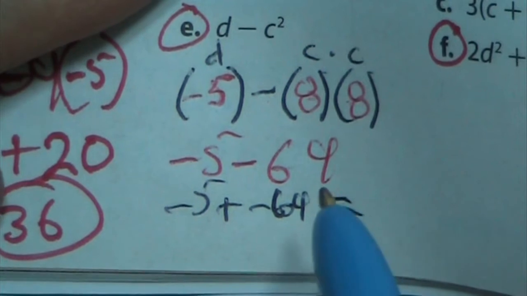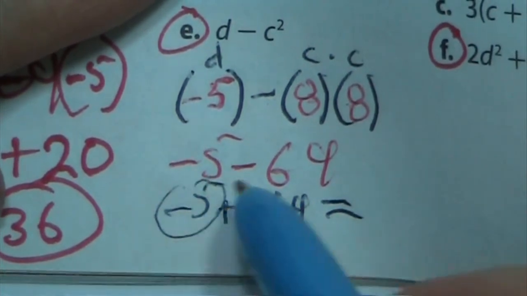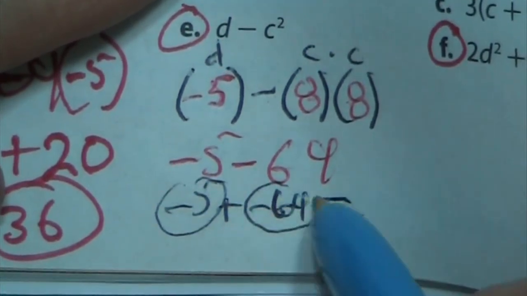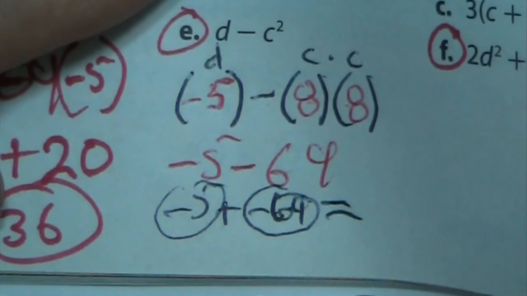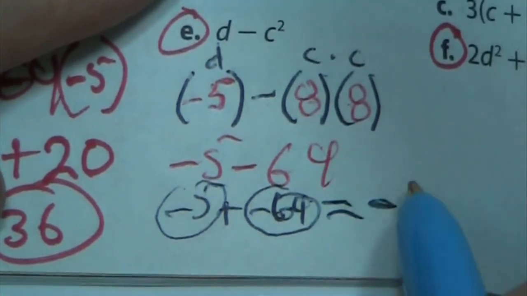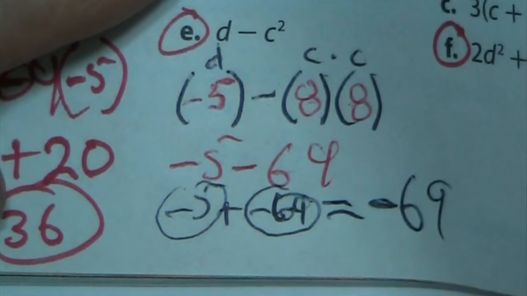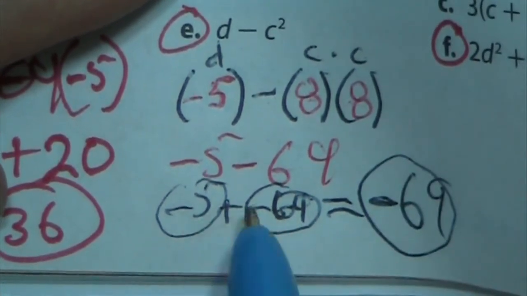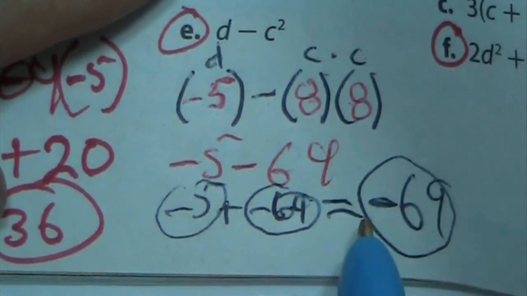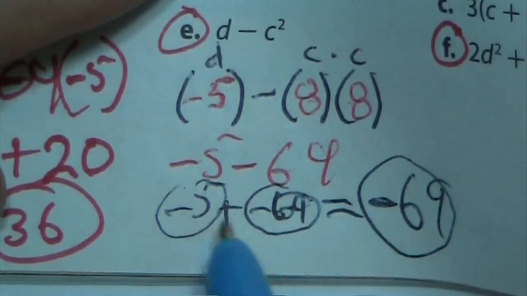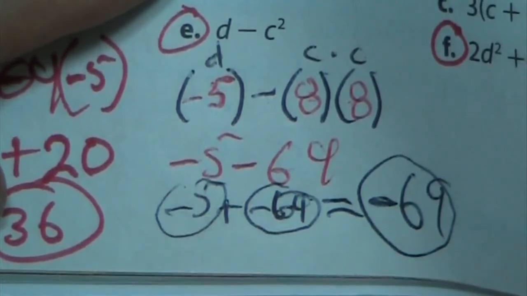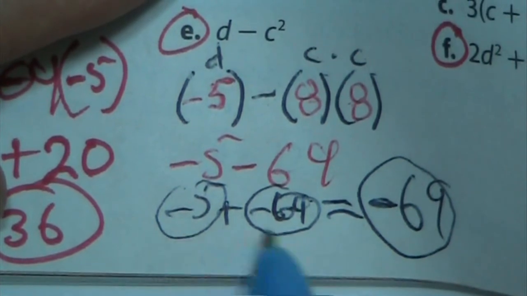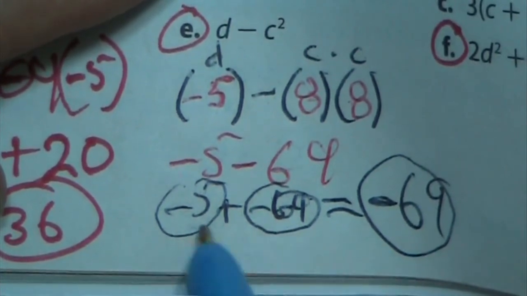So if you could read my writing, I have 5 negatives and 64 negatives. That makes a total of 69 negatives. -69, right? Some people think, well, wait, isn't it positive 69? No, 2 negatives cancel only when you multiply or divide. I'm not multiplying. I'm just combining them together.